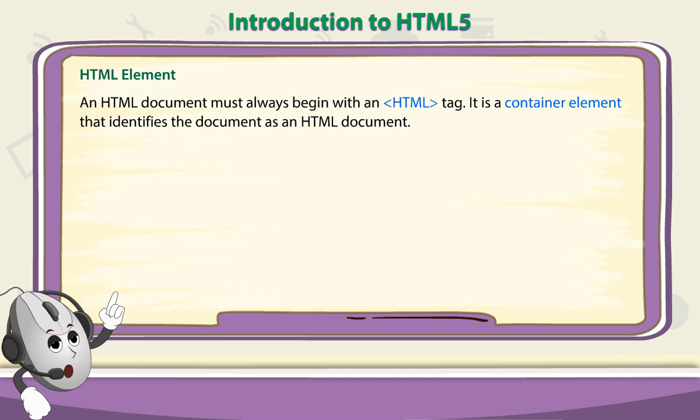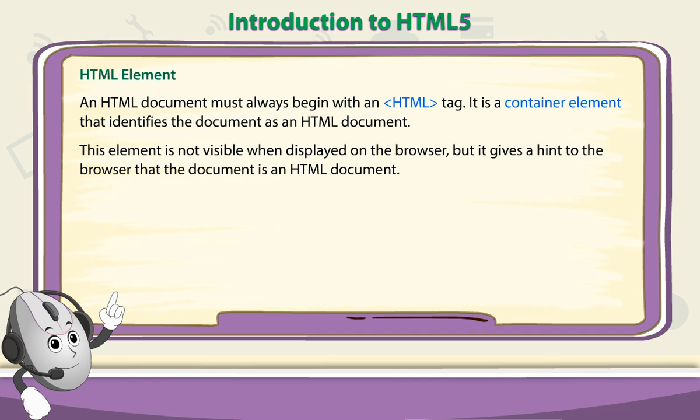It is a container element that identifies the document as an HTML document. This element is not visible when displayed on the browser, but it gives a hint to the browser that the document is an HTML document. The HTML tag represents the root of an HTML document.